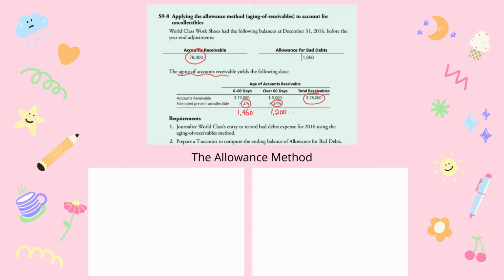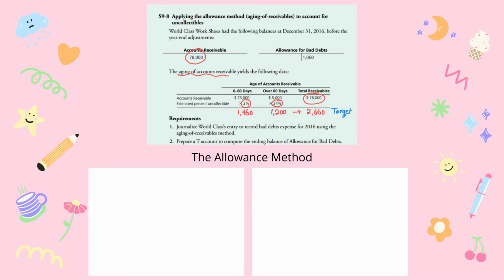So what's the total amount estimated to be uncollectable? It's 1,460 plus 1,200, so it's going to be 2,660. This is the target balance. This is the ending balance for the allowance for bad debts.